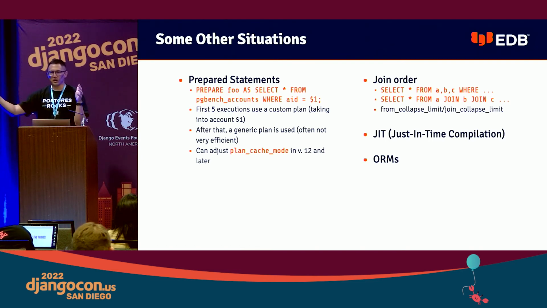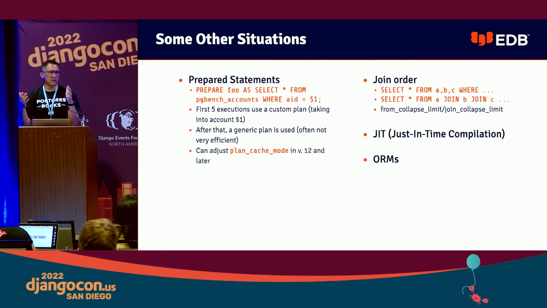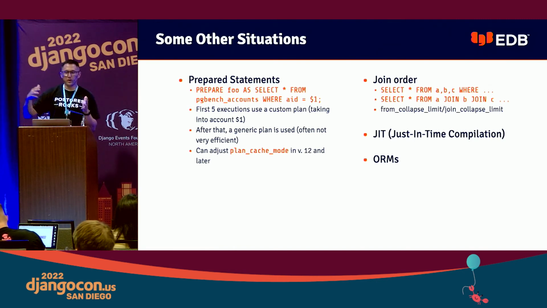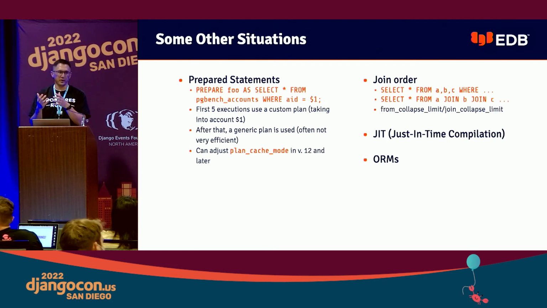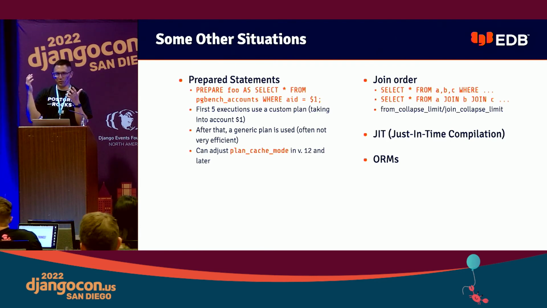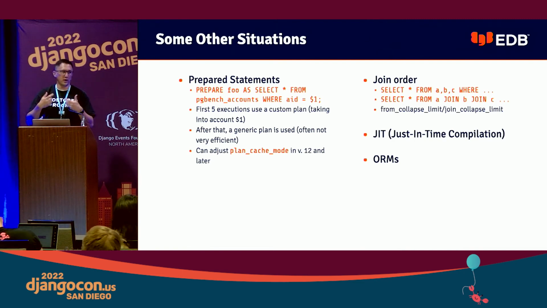And after the 8th table, it's just going to tack them all on. Okay, and then what you might end up with is some really poor performing queries. If you increase the from collapse limit or join collapse limit, it'll spend more time looking for the best permutation for you at the expense of additional processing time. So you may or may not want to adjust these limits accordingly.